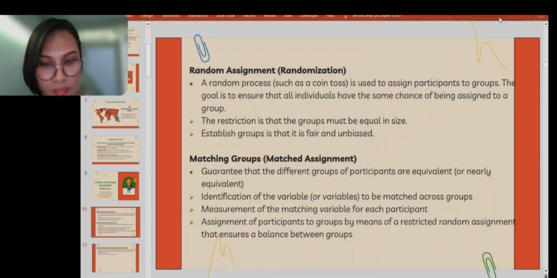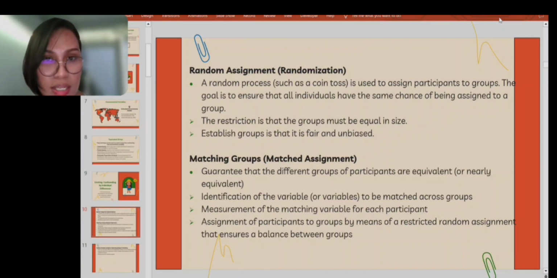Ito pwedeng gumamit ng computer program, random number generator, or drawing lots to allocate participants randomly. So, by using this, it ensures that individual differences such as age, gender, and pre-existing health conditions are equally distributed across the groups.